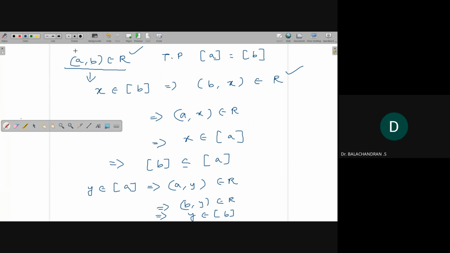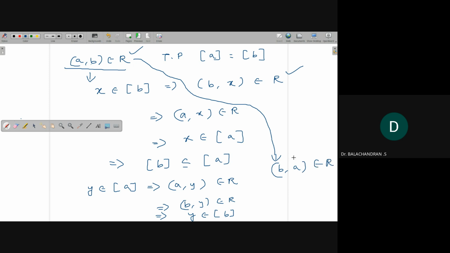So look at this one. This is a common assumption. I told that, so this implies (A, B) in R implies (B, A) is also in R by symmetry.